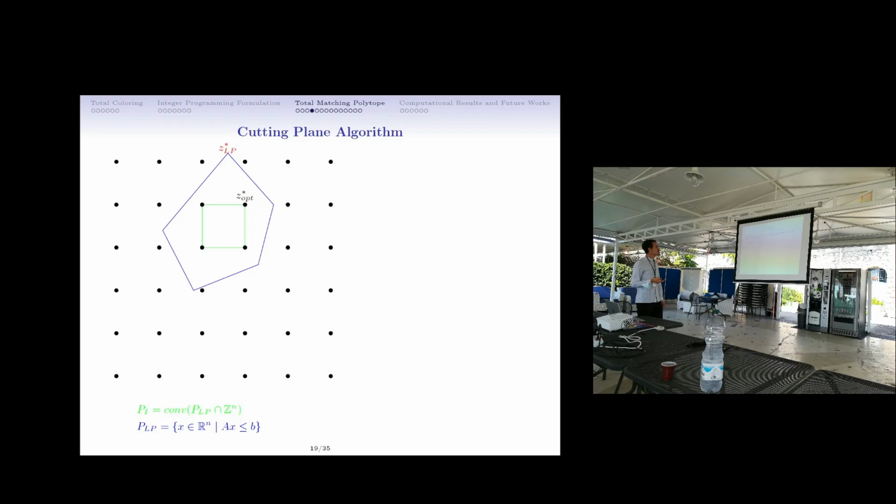The main point of the cutting plane is to cut out fractional points that do not belong to that convex hull, in order to find a new cut in each step.